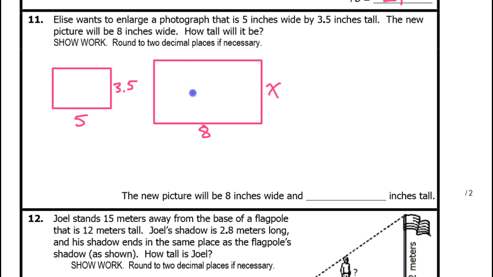Okay, so I'm going to do new over old equals new over old. So that will be x over 3.5 is equal to 8 over 5. So of course we're going to cross multiply. So looking at the first diagonal, that would be 5x. Looking at the other diagonal, this is 8 times 3.5.